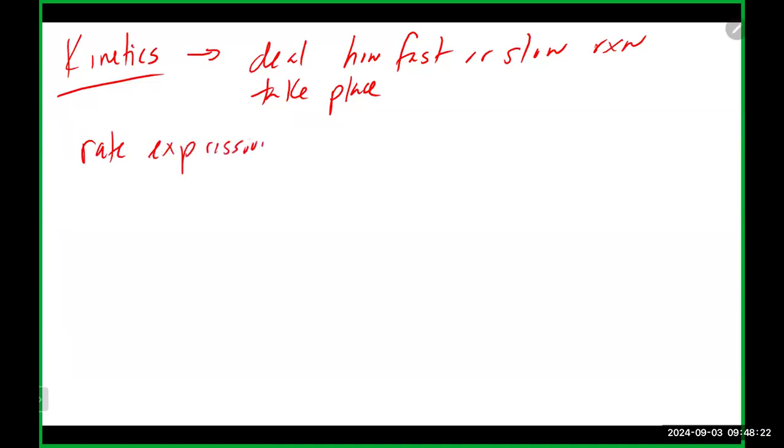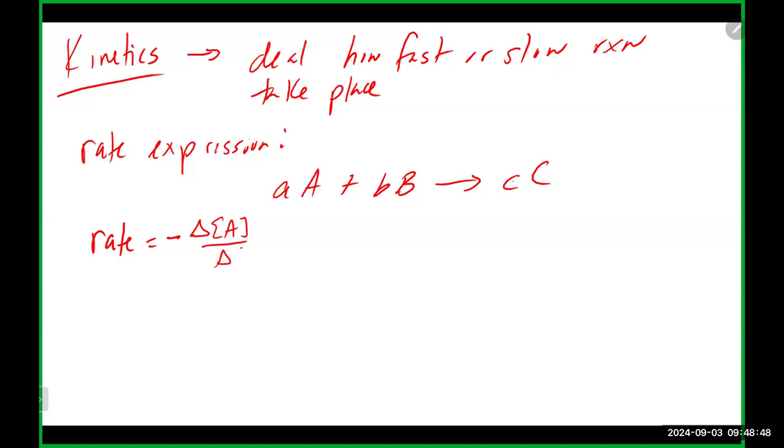And really, for any sort of reaction that you have, you can write a rate expression for each of the reactants and products. Overall, again, the rate here would equal minus, as we talked about, because we would expect the reactants to be decreasing with time, the change in the concentration of A over the change in time.